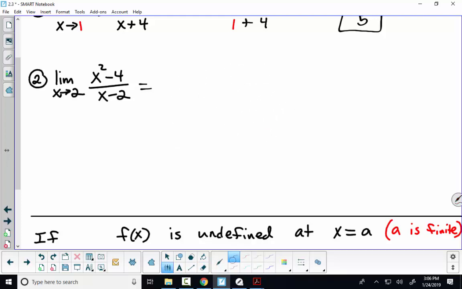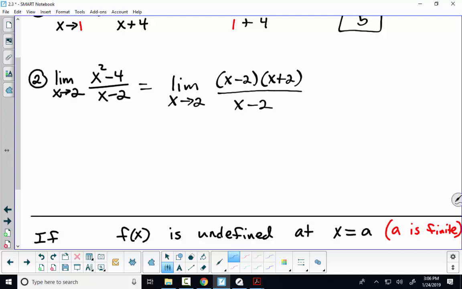But I know algebraically I can factor the numerator, and I can factor the denominator or leave the denominator as is. So if we factor the numerator, then we see exactly what happens with that function. The issue of dividing by 0, the x minus 2 in the bottom, gets canceled away with the x minus 2 up top.